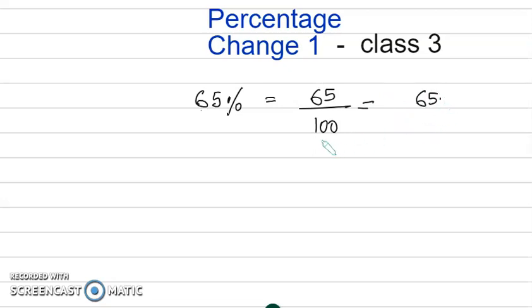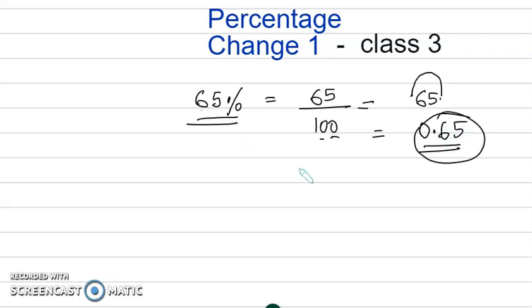It has to be moved by the number of zeros in the denominator, that is 2. So move it 2 places to the left, and you get your decimal here. So 65% as a decimal is 0.65.